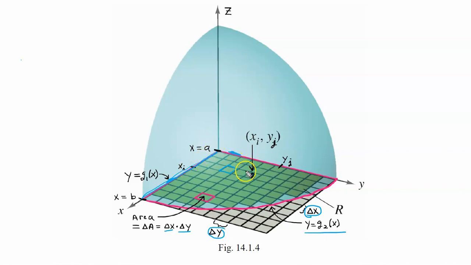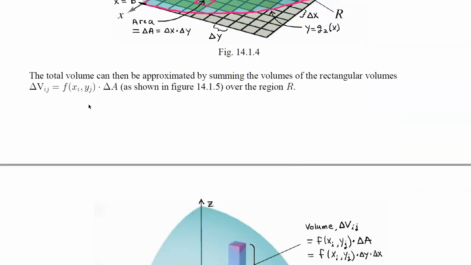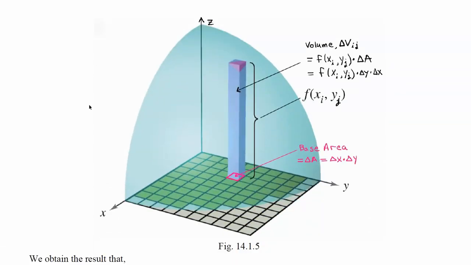All right, now let's see how we can calculate the volume of this solid. So let's take a look at the next graphic. Down here, we have the volume of this rectangular box written as the area of the base, which is delta x times delta y, times the height, which is f of x_i, y_j.